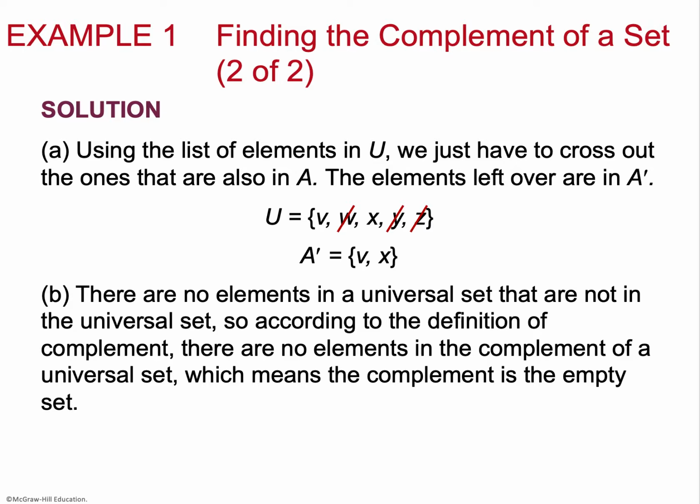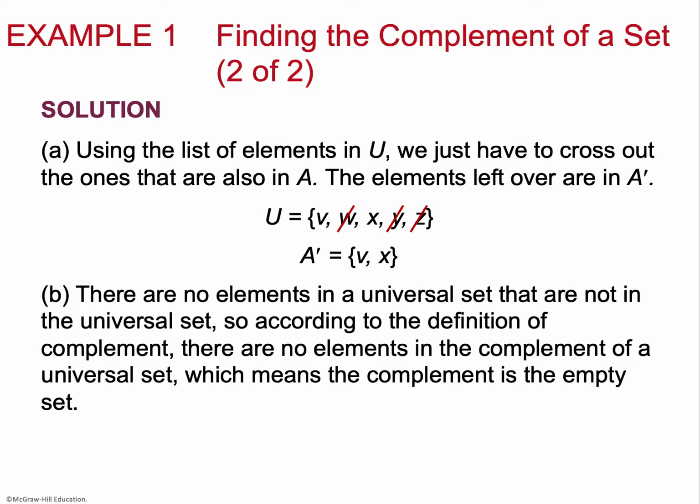If I look at the elements in U, I can cross out everybody who also lives in A. So the values in U that are not in A would be V and X.